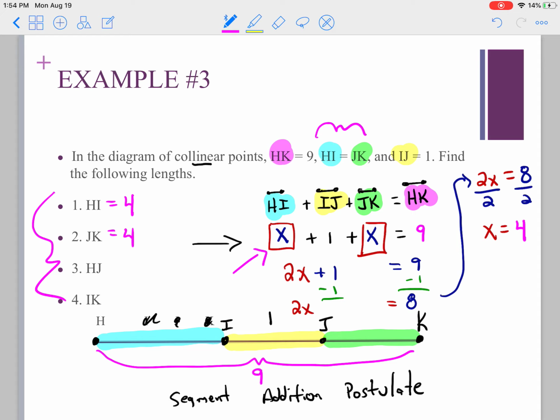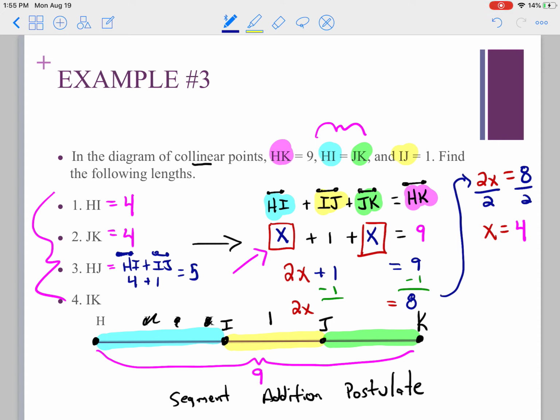HK is the segment HI plus segment IJ. So that means that it is 4 plus 1, which is 5.